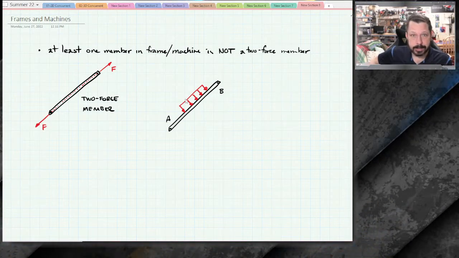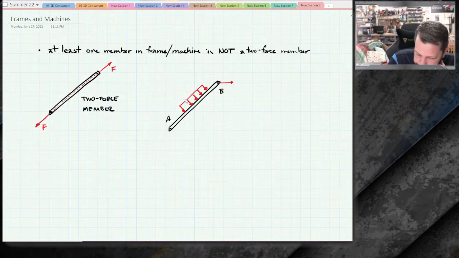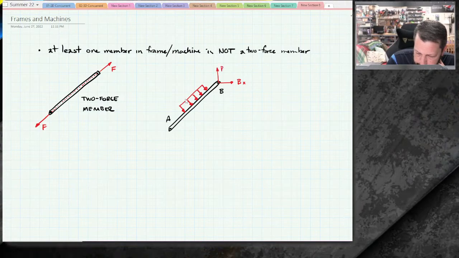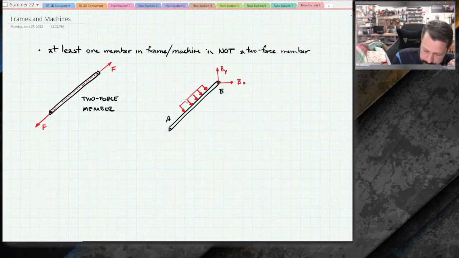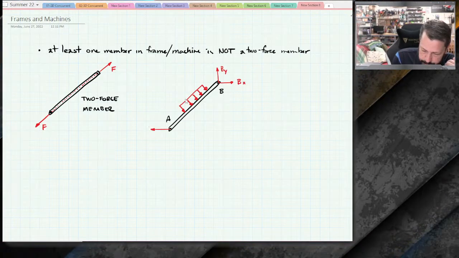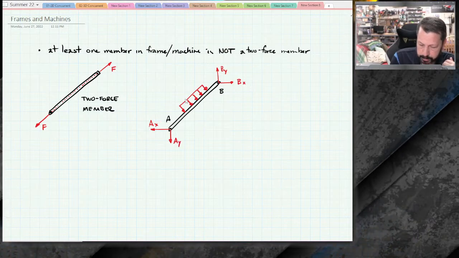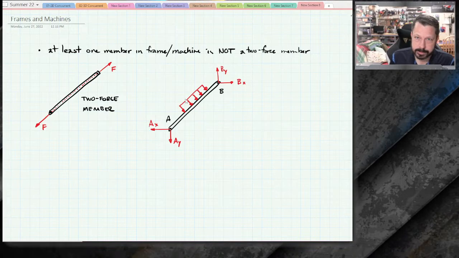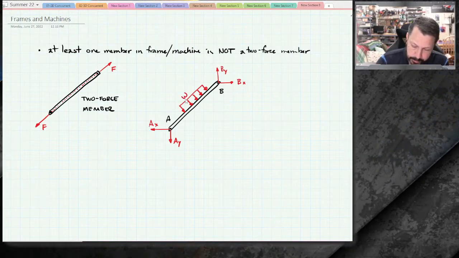Those are just pins now, and I have to treat them like any other pin, and I have BX and BY, and then at A I can put any direction I want, so I'm going to put them this way, AX and AY. And AX does not necessarily equal BX. BY does not necessarily equal AY. I've got this distributed load, we'll call it W.